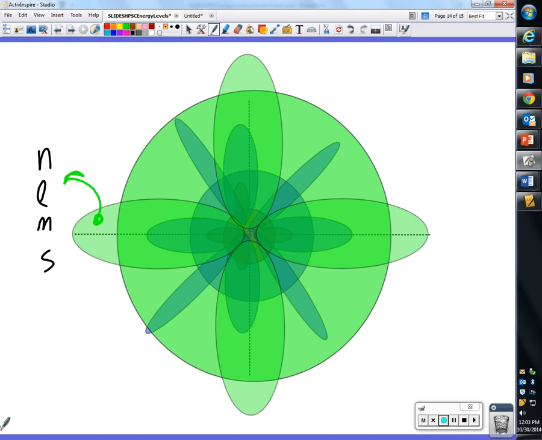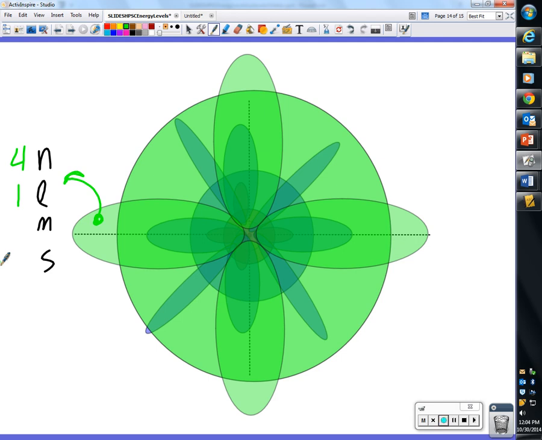Okay? What's the n value going to be for this one? What's the n value going to be? 4. But the L value, 1. Because it's still in a p orbital, it's still in a petal orbital, okay?